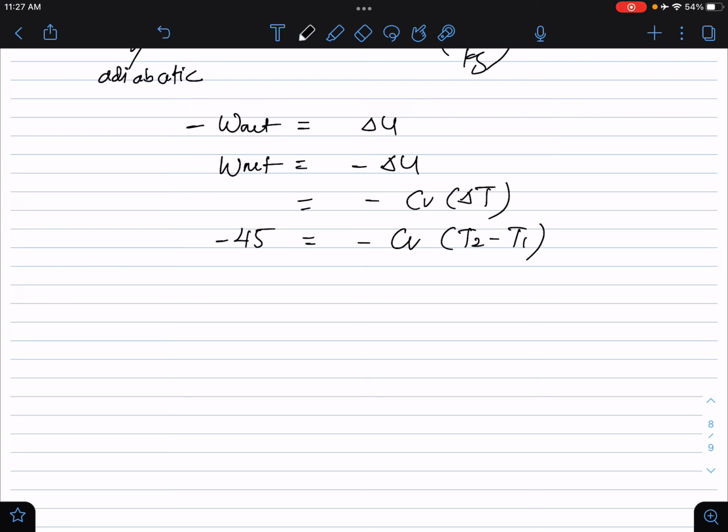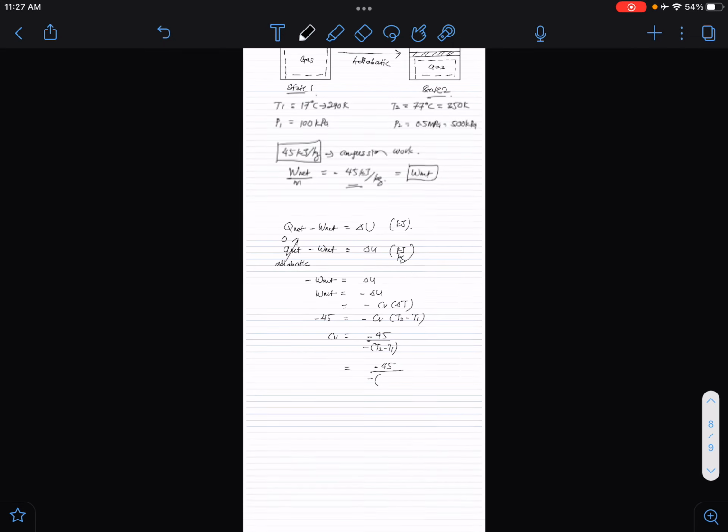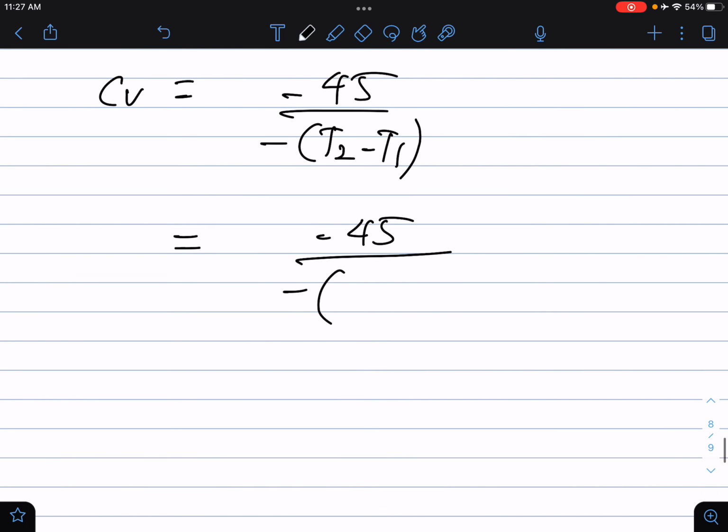So you can get the value of Cv by rearranging the equation. Cv equal to minus 45 divided by minus (T2 minus T1). T2 we just got as 350 Kelvin minus 290 Kelvin.